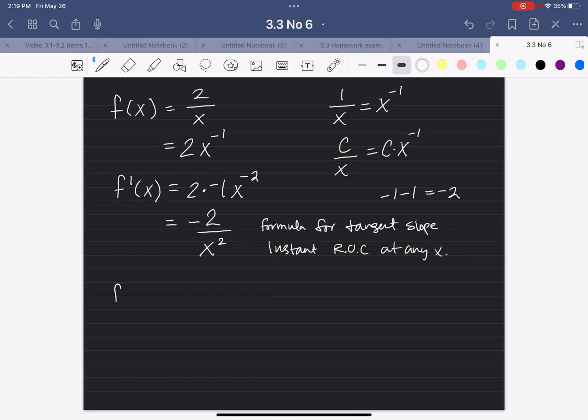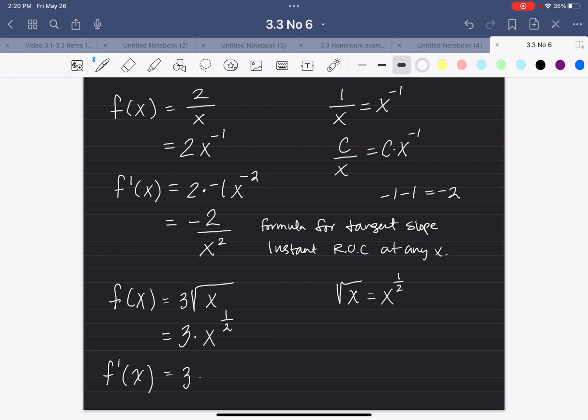Now another one you might see, f of x equals 3 times the square root of x. This is also a power because the square root of x can be written x to the 1/2 power. So this is 3 times x to the 1/2. And when I do my derivative, f prime of x is going to be 3 times 1/2 times x to the 1/2 minus 1. And 1/2 minus 1 is minus 1/2.